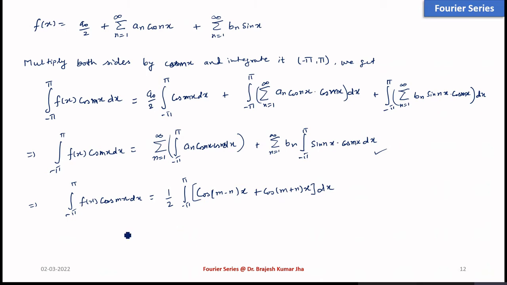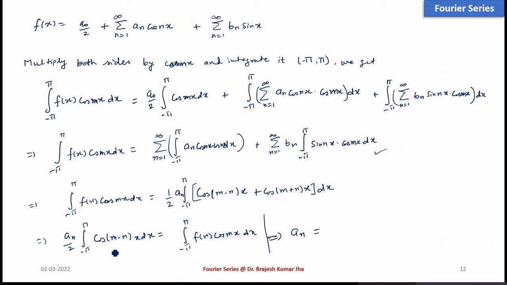So ultimately what we get here, an is left. So it is an by 2 times the integration from minus pi to plus pi of cos (m minus n)x dx, which equals the integration from minus pi to plus pi of f(x) cos mx dx. I have written it in the reverse way. So what we get here is that this is going to be pi.